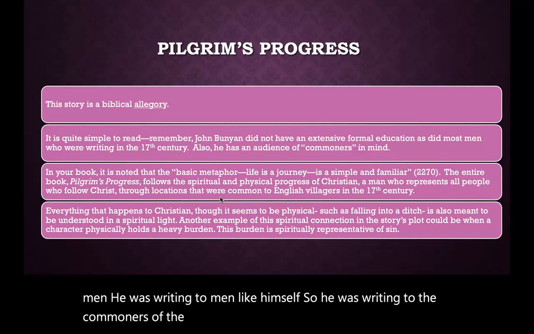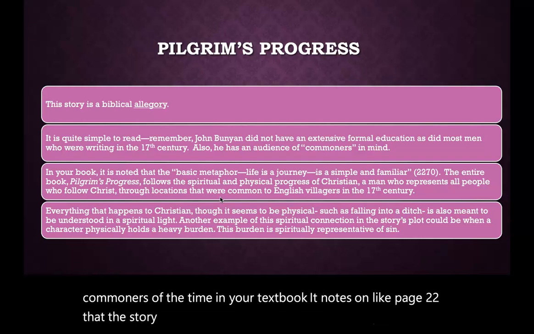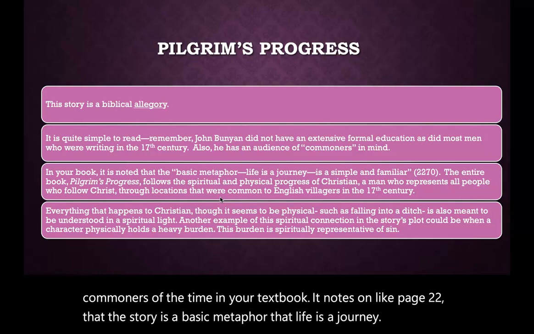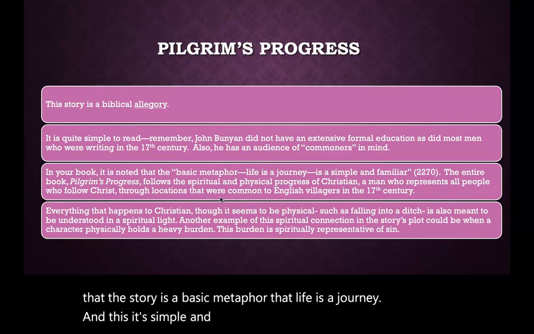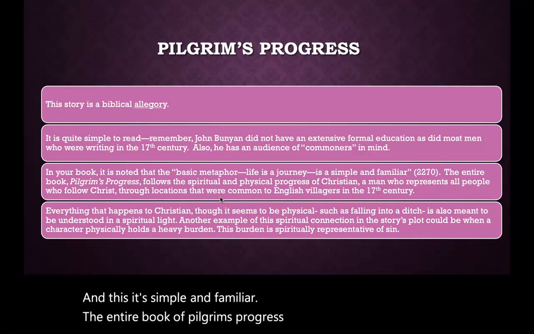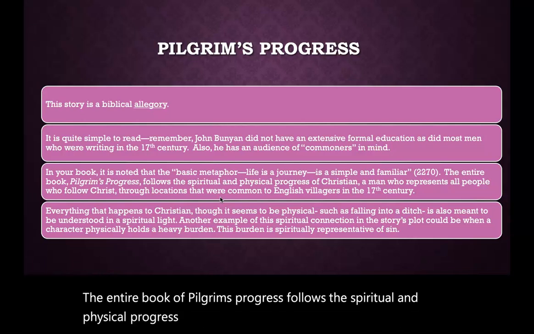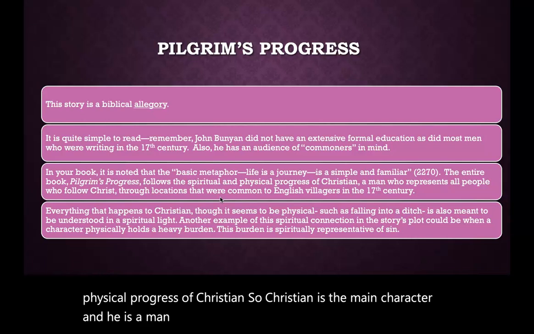In your textbook, it notes on page 2270 that the story is a basic metaphor, that life is a journey. It's simple and familiar. The entire book of Pilgrim's Progress follows the spiritual and physical progress of Christian. Christian is the main character, and he is a man who represents all people who follow Christ.